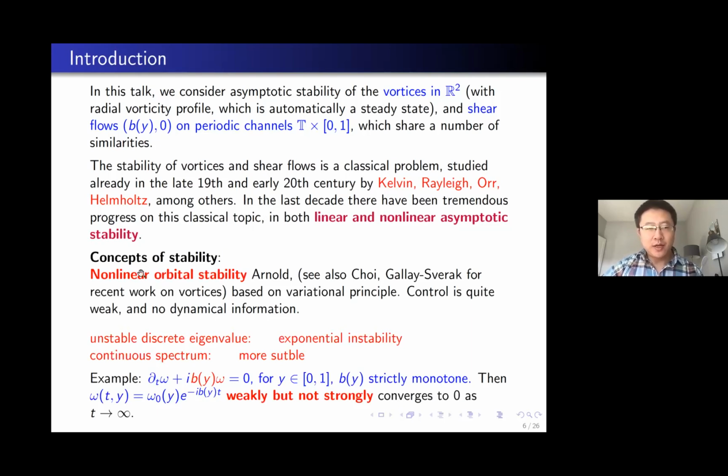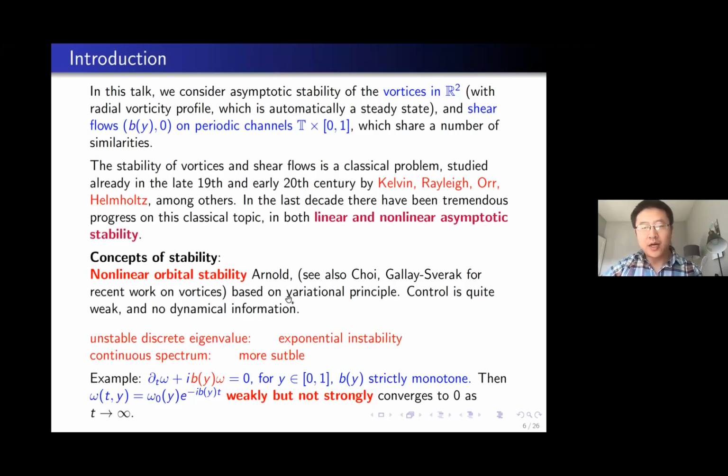On the nonlinear level, we have nonlinear orbital stability. This has been proved by a quite robust method by Arnold, and also in some recent work by Choi and Gallay-Šverák for vortices. Actually, for the vortices we are interested in, nonlinear stability is known.